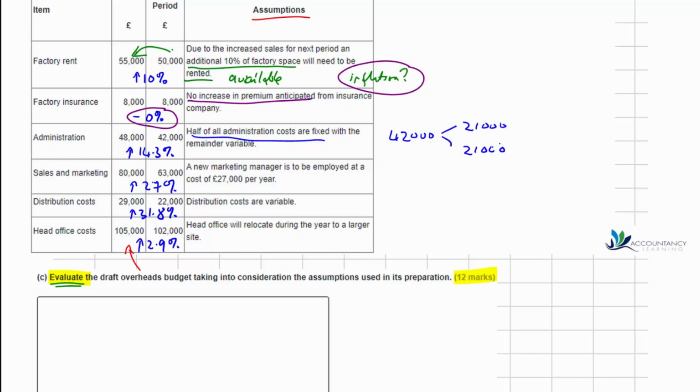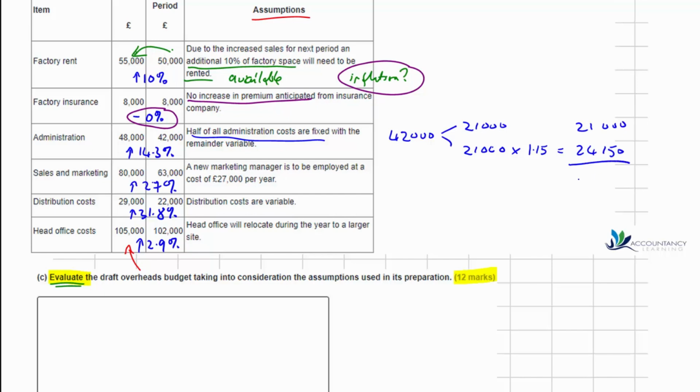And we're told that we're expecting a 15% increase in production and sales. So yeah, we could reasonably multiply that by 1.15 to give us our expected increase from the variable element. So that's going to be 24,150. And then the other 21,000 is going to be fixed.